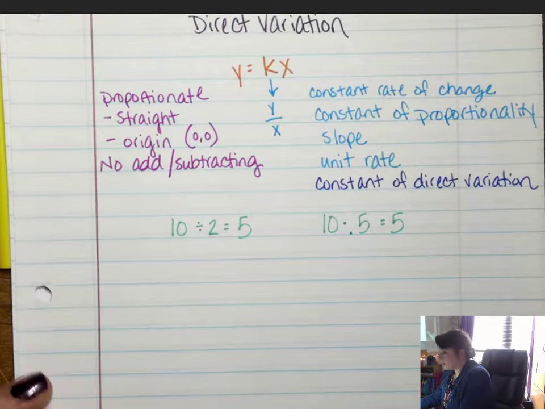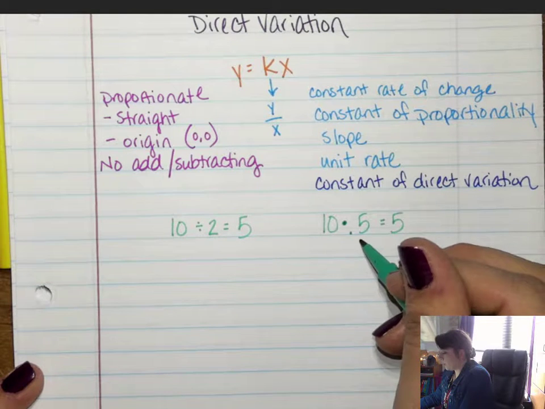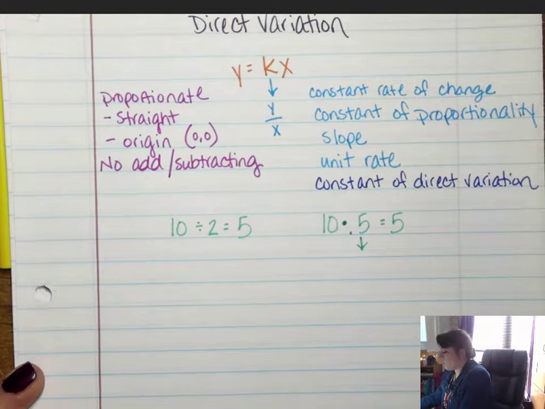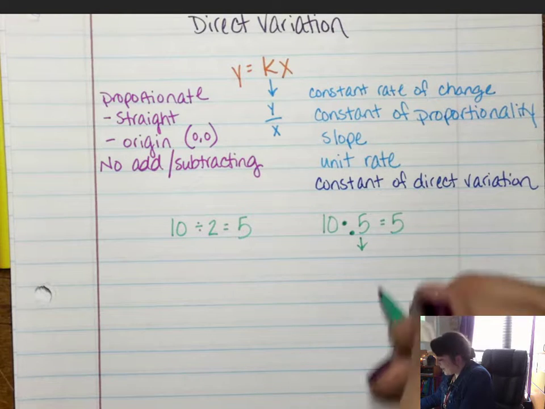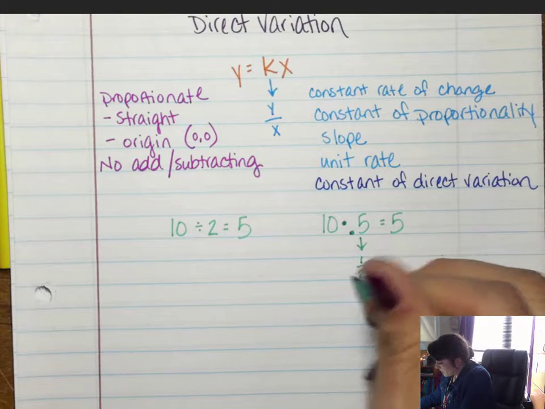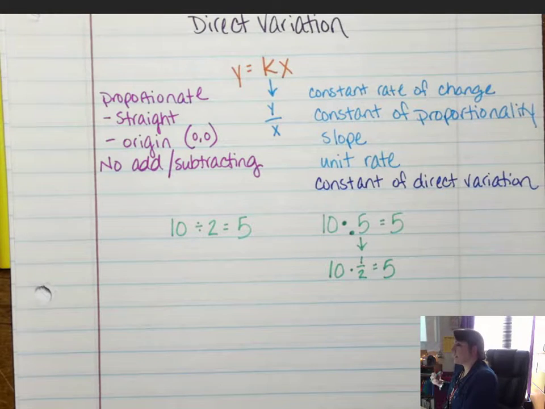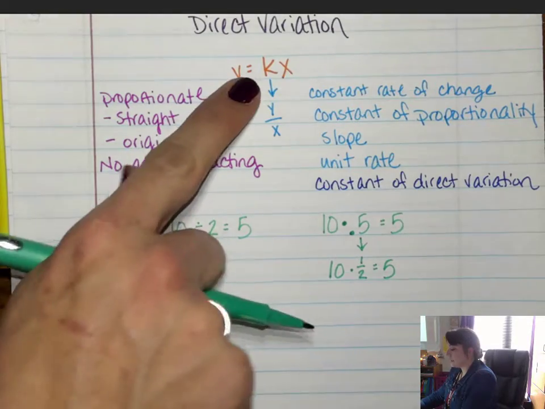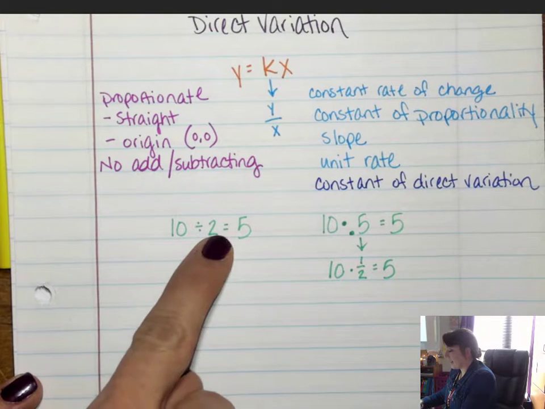Is there another option? Think about 0.5 in a different form. 1/2. So 10 times 1/2 is 5. So if you're getting a relationship where it looks like it's dividing, we still need to write it as multiplying. So just think of what it is dividing by.